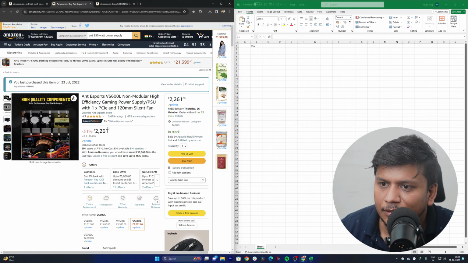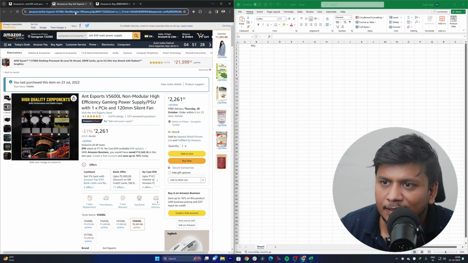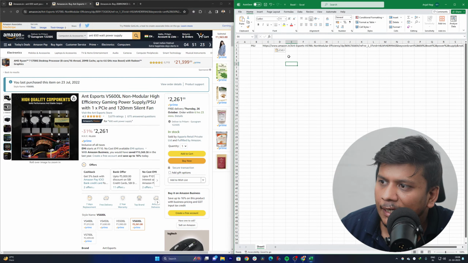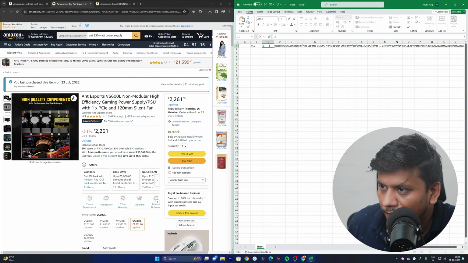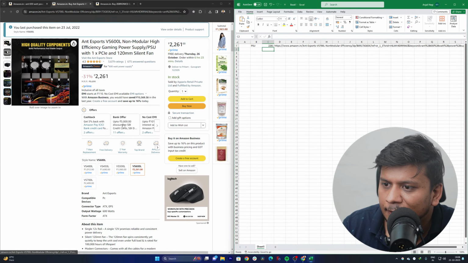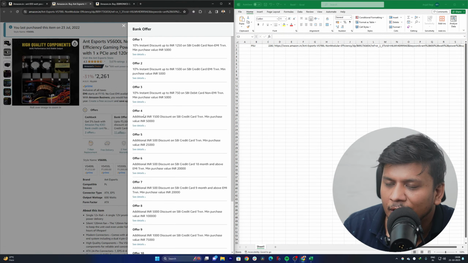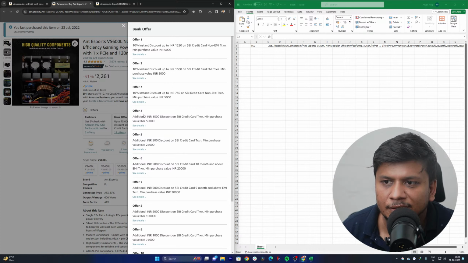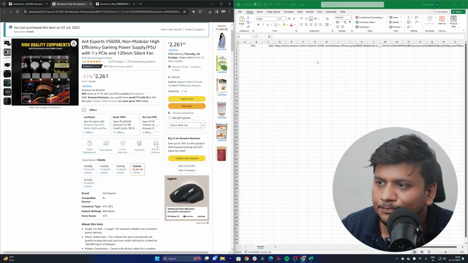Yeah, this one is good, and you can also see I bought it last year and I'm pretty satisfied with it. This power supply will cost you 2261. And if I see here, there is a discount. There is always a discount going on in Amazon. Here you can see with different cards.